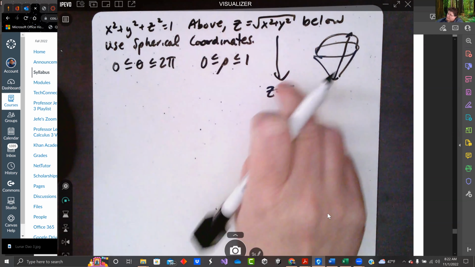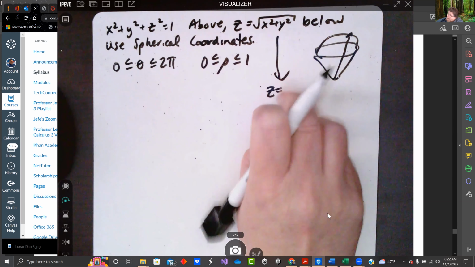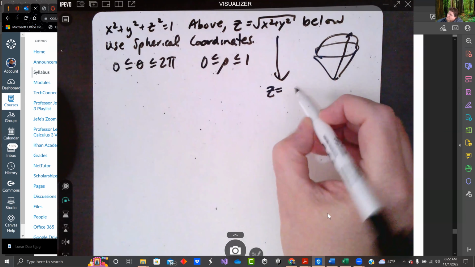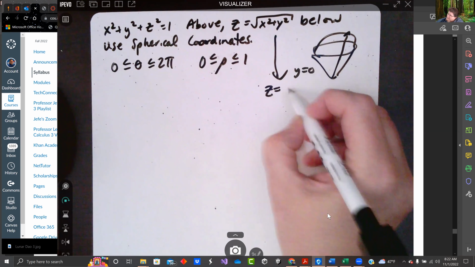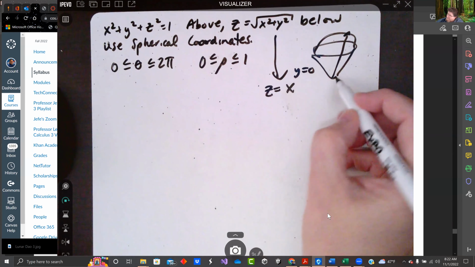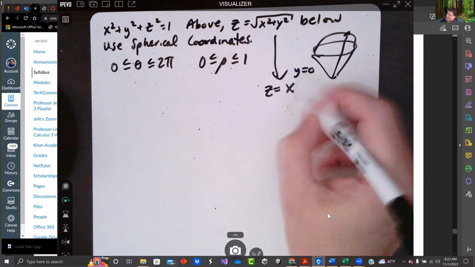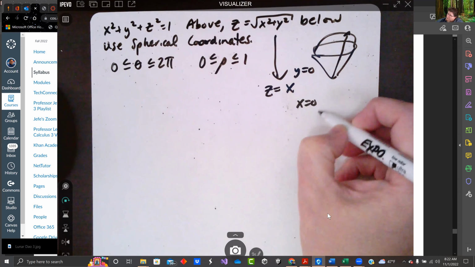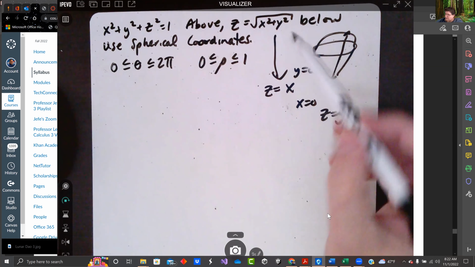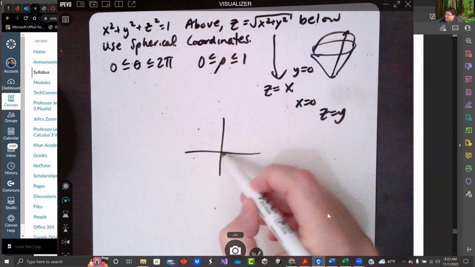R doesn't really help us here though, does it? When I look at it along, if I set y equal to 0, z equals x, which means it's making a 45-degree angle. Same thing if I do x equals 0, I get z equals y from the cone. So it's making a 45-degree angle.